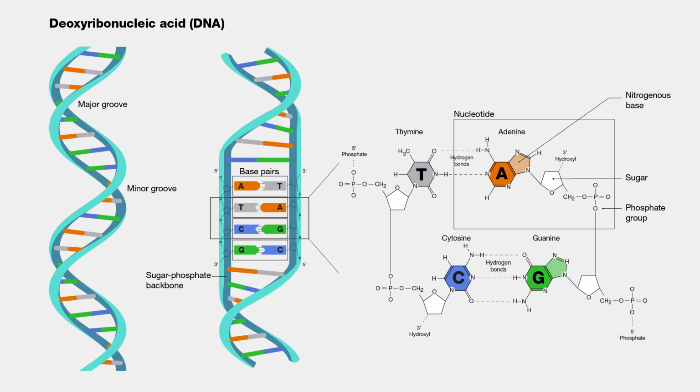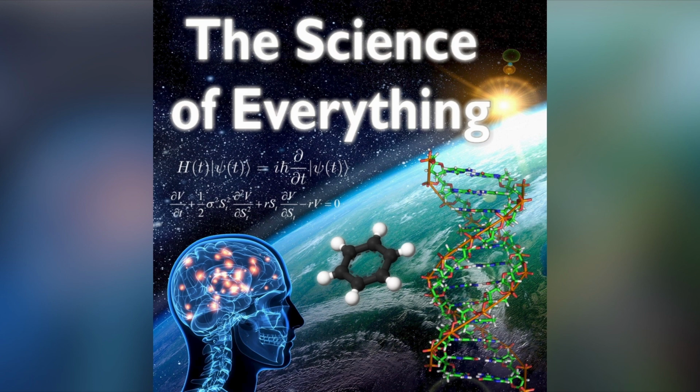And for those hydrogen bonds to be stable, you need to have one purine bonded to one pyrimidine. Okay, so that's our structure of DNA.